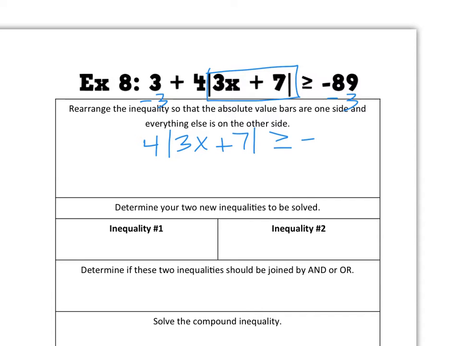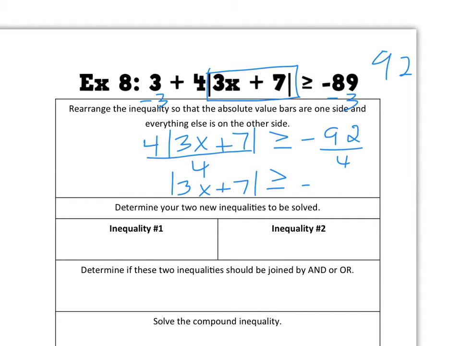Same signs add and keep, so that's going to be negative 92. Divide by 4. So absolute value of 3x plus 7 is greater than or equal to negative 23.